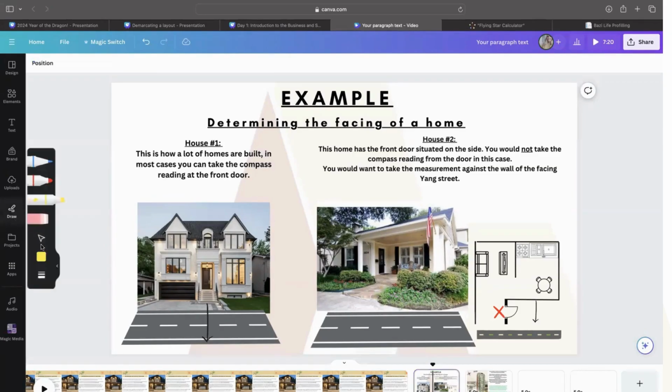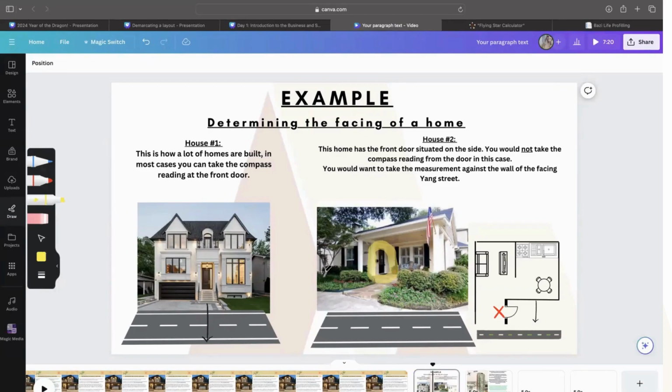For example, in house number 2, you can see here that their door is against this wall and it is facing, I guess I don't have directions on here, but it would be facing, let's say, east, for example.